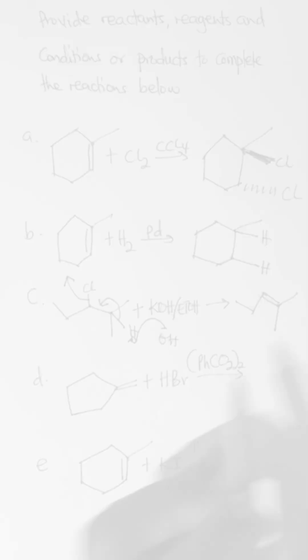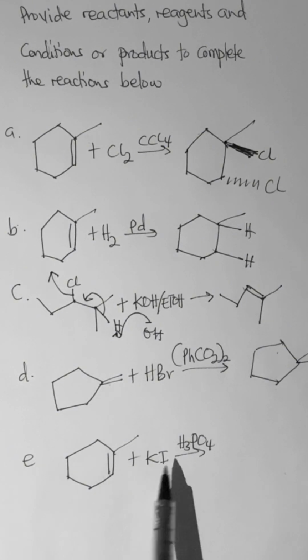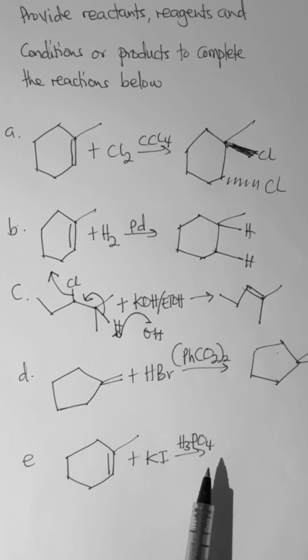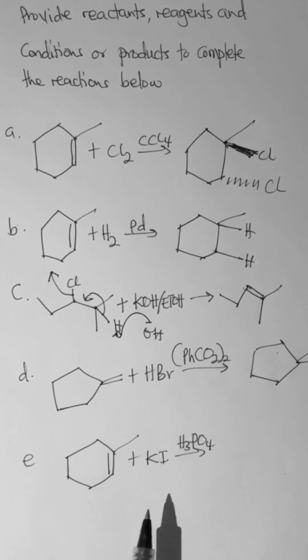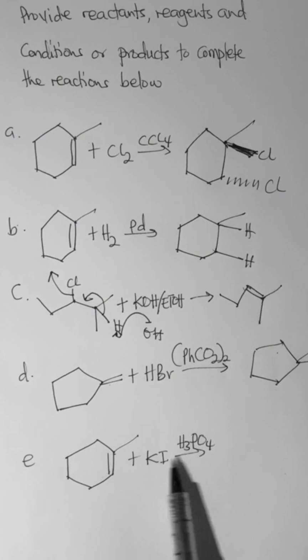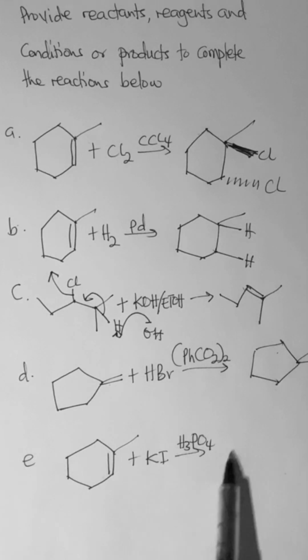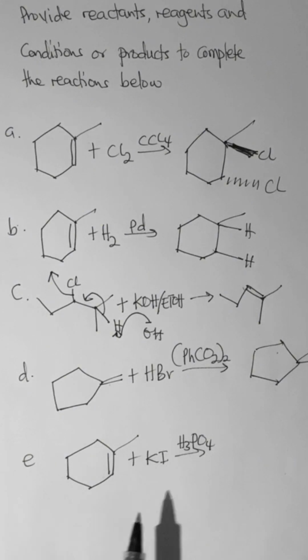And for this one we have an alkene together with potassium iodide in phosphoric acid. So this is also an electrophilic addition reaction, but the HI is used to generate it. So it's actually a reaction that happens with hydrogen iodide, a halogenation reaction.